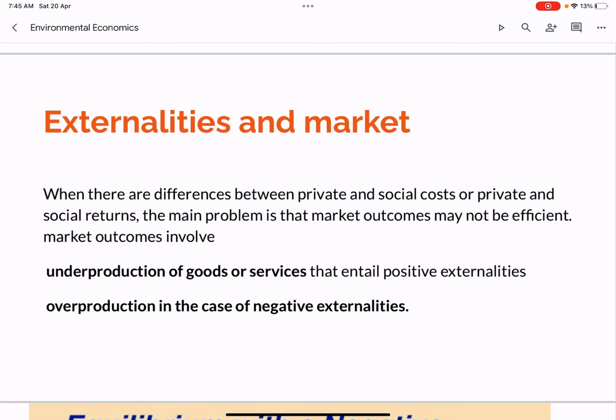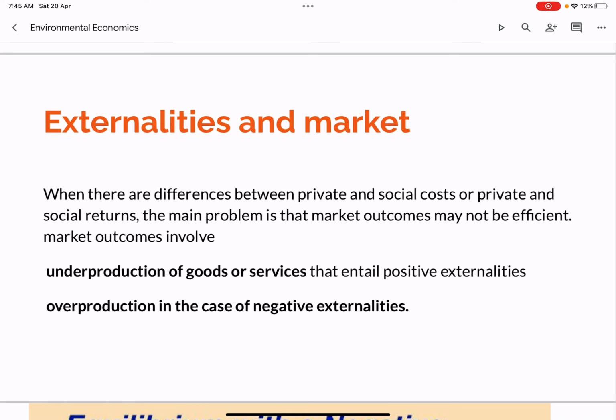Similarly, when we talked about negative externalities like production of polluting cars, we said that because there is a difference between the private cost and the social cost, it results in the overproduction of polluting goods. So this is how the market fails.